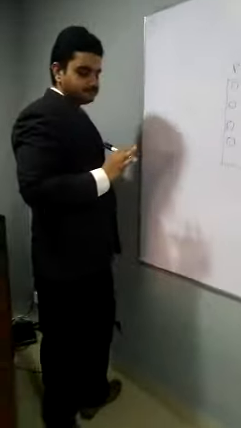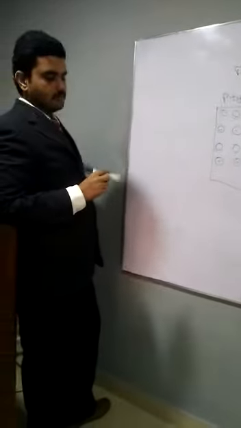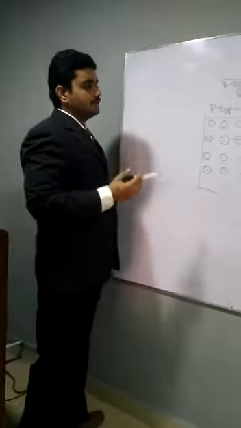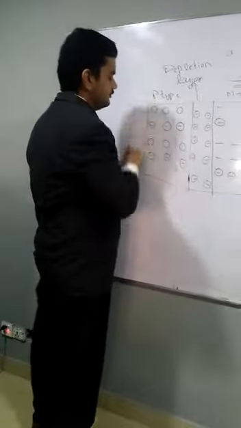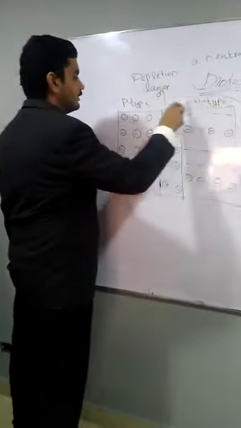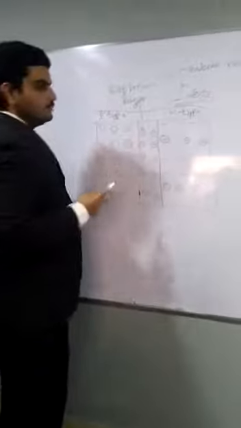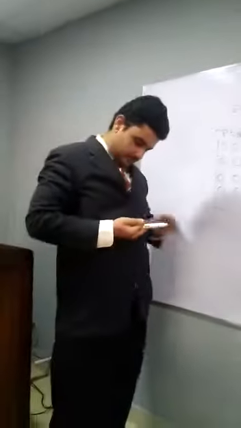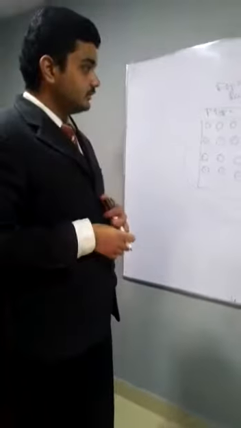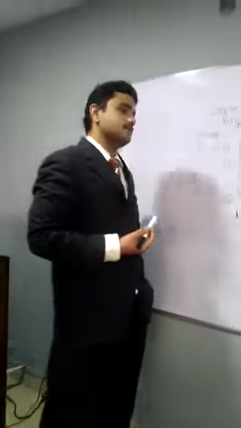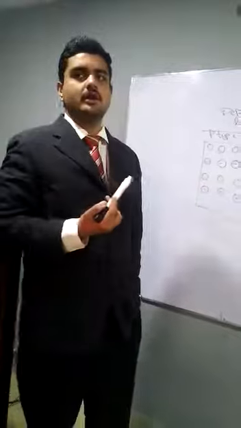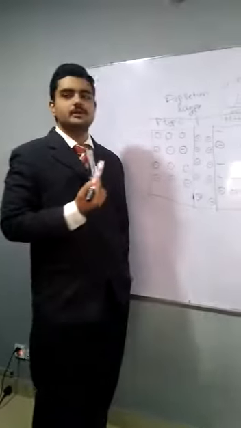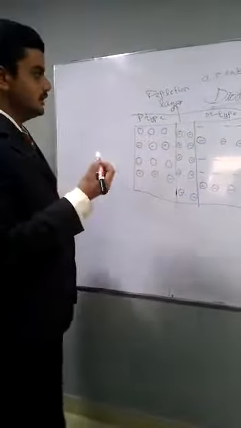Okay. First we are going to discuss what will happen when they are combined. A new electrical component is formed. That name is diode, right? So a diode has a P junction, an N junction, and a depletion region in between P and N, right?